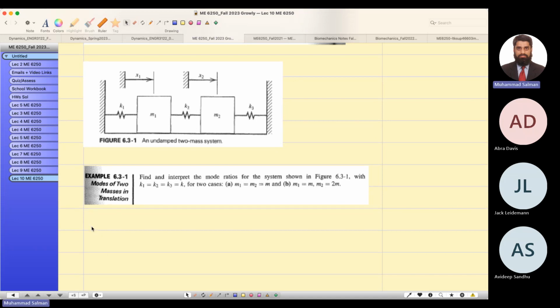And I will explain to you today how to find the mode ratio, mode shapes.